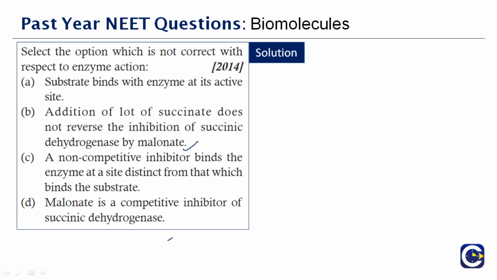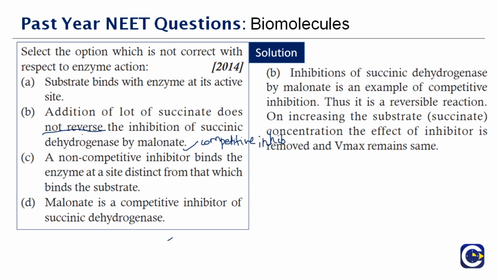Inhibition of succinic dehydrogenase by malonate is an example of competitive inhibition. But here what they have given is that addition of lot of succinate does not reverse the inhibition. But I told you it is an example of competitive inhibition, and they said it will not reverse. But actually, this process is reversible. So that is where they went wrong. Therefore, the correct answer is option B.